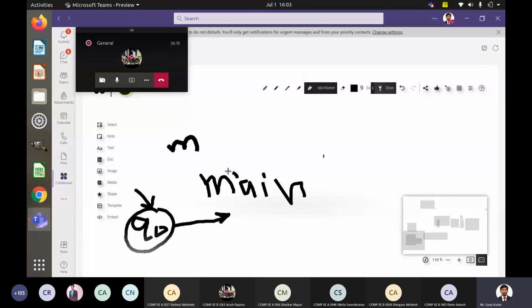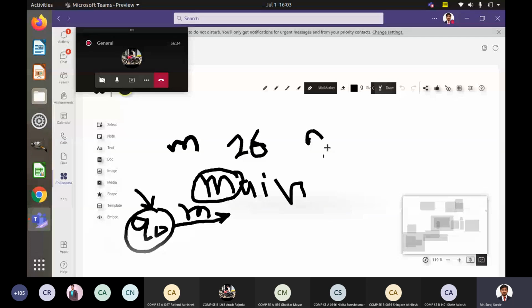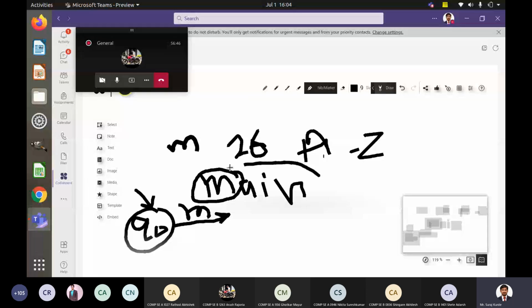Now if input is M, now there are 26 alphabets, A to Z. Out of this A to Z, we have to find this word using alphabets. These 4 alphabets in sequence we have to read. If it is there, then accept that particular input.